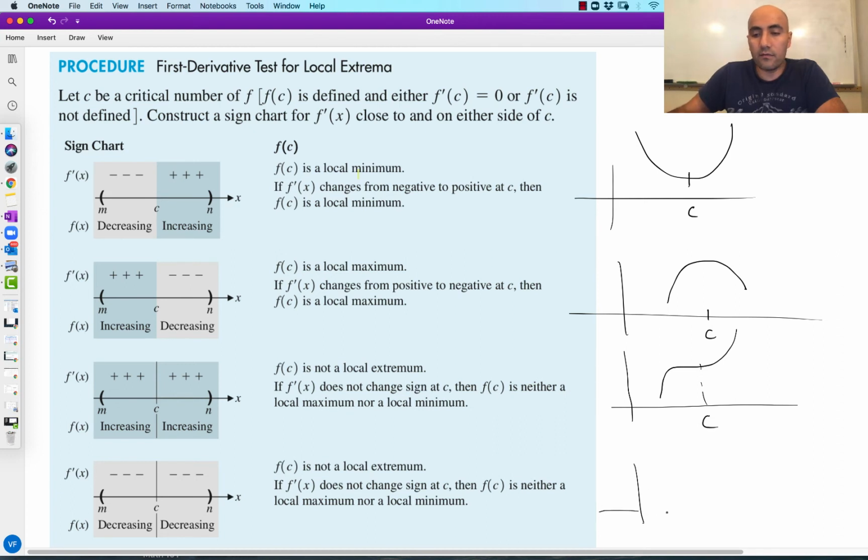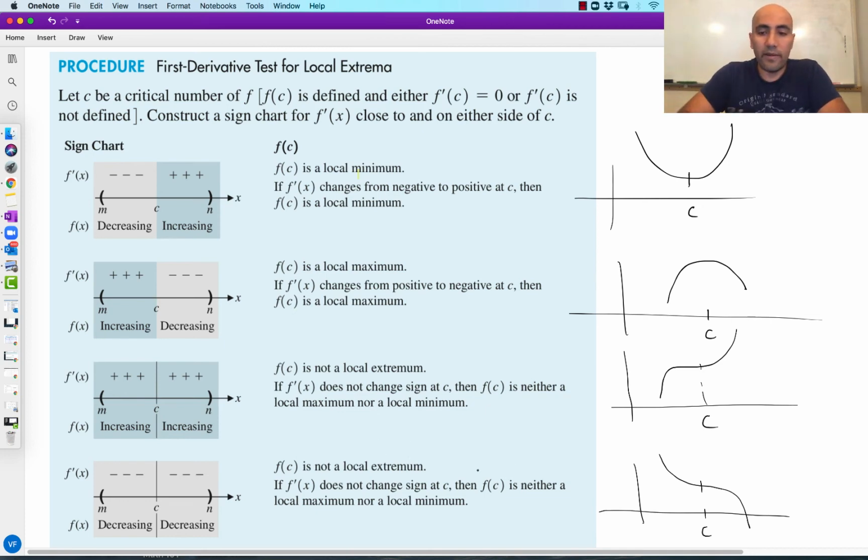Or finally, we might have a case that looks like this. Here, the function is decreasing all the way through, but there is no maximum and there is no minimum. So if f prime of x does not change signs at c, then f of x is neither a local maximum nor a local minimum, right? And it's the same conclusion here, whether they're positive all the way through or negative all the way through.